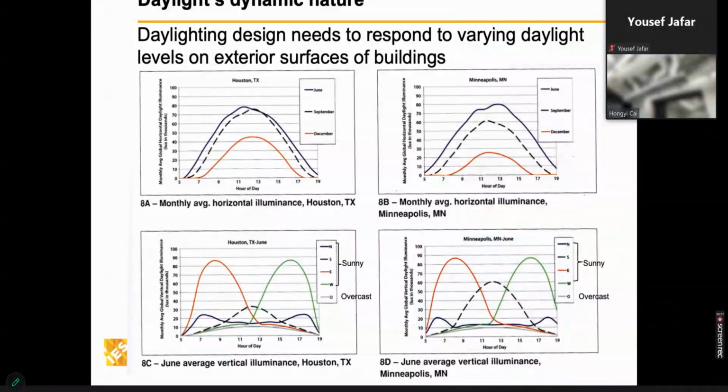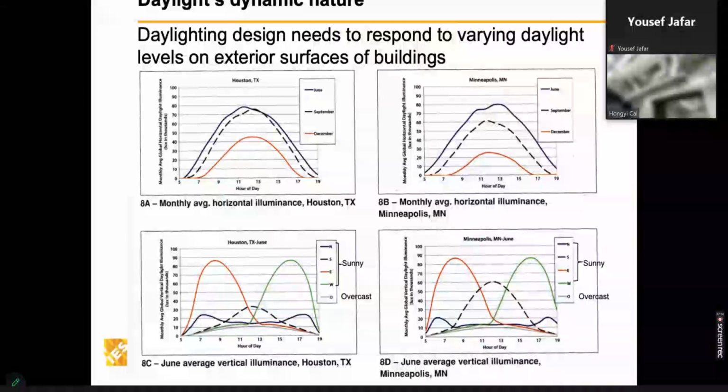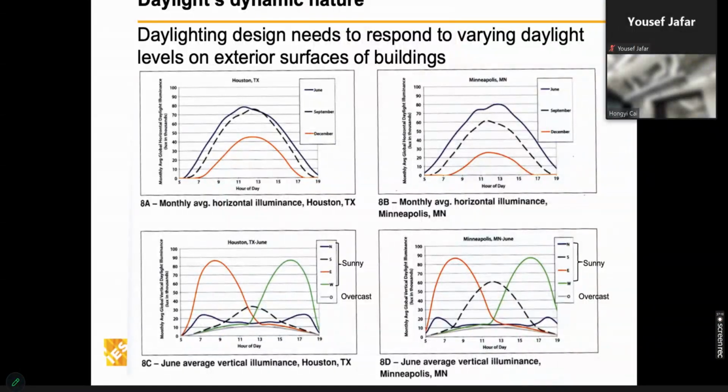Horizontally, you will have the maximum sunlight coming into your horizontal surfaces at noon, which makes sense, right? And if you look at the other location, Minneapolis, it has a similar trend, but the light levels will be lower because Minneapolis is on the north side compared to Houston, Texas, which also makes sense, right?